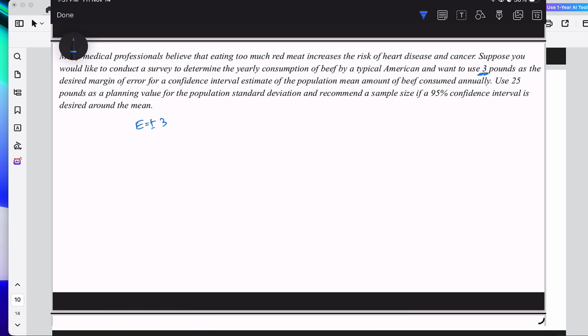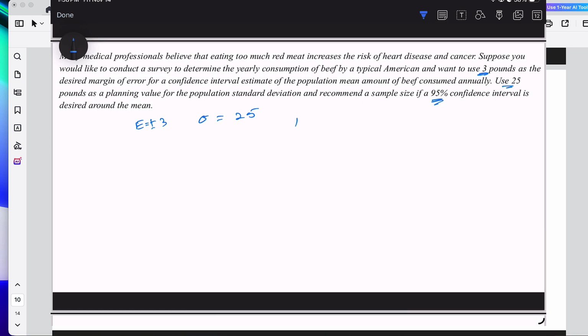And suppose past surveys have told us that the population standard deviation, sigma, is 25. And we want to construct a 95% confidence interval. So what should the appropriate sample size be, which will give us a margin of error equal to plus or minus 3 of the population mean at a 95% confidence level?